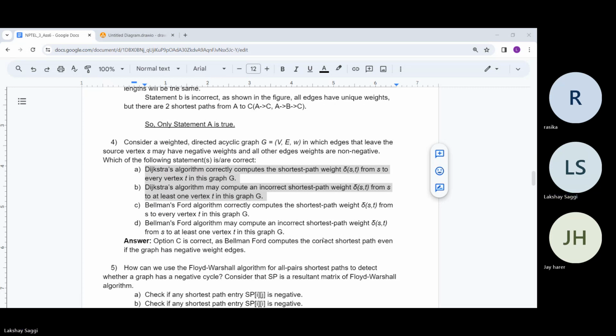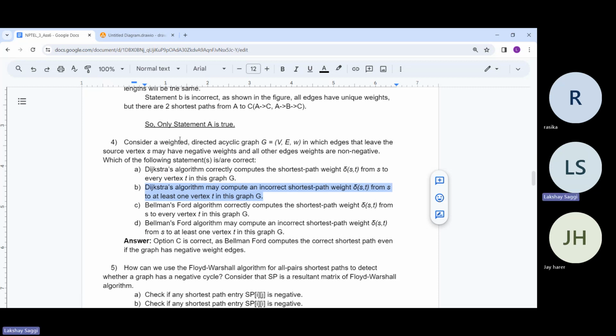Okay. So Rasika is saying option B, that Dijkstra may compute an incorrect shortest path. So I believe, Rasika, your reasoning may be along the lines of saying that Dijkstra fails in case of negative weights, right? So it is in general true that Dijkstra fails in case of negative weights.